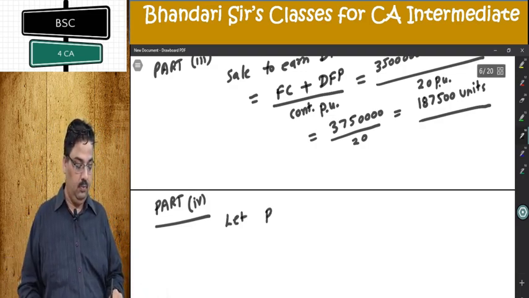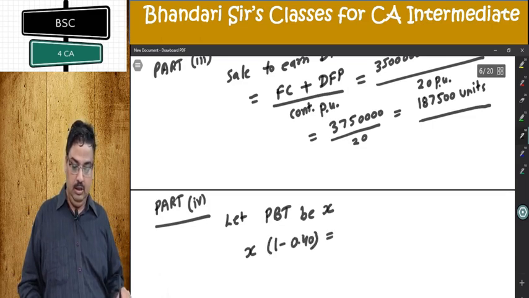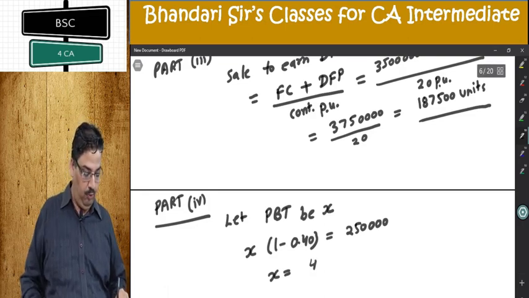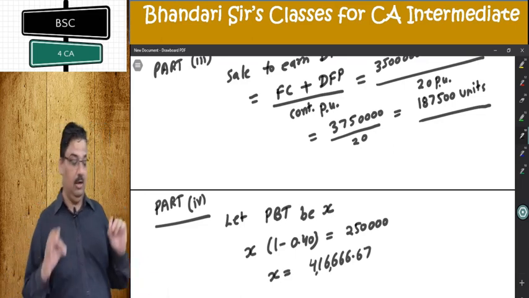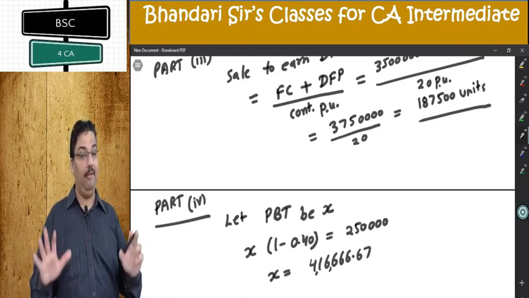Let profit before tax be X. X into 1 minus 0.40 is equal to profit after tax 2,50,000. So X equal 2,50,000 divided by 0.6. This becomes 4,16,666.67. If I am going to earn before tax 4,16,666.67, then only I am going to get after tax of 2,50,000.